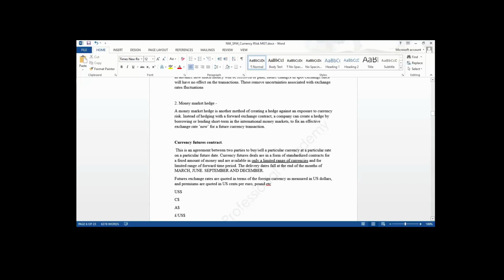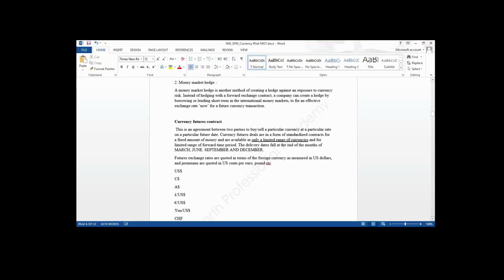When we say limited range of currencies, only 7 currencies in the world can transact in this market. Please, you may jot it down if you don't have it before. Only 7 currencies in the world can transact in the currency futures markets.